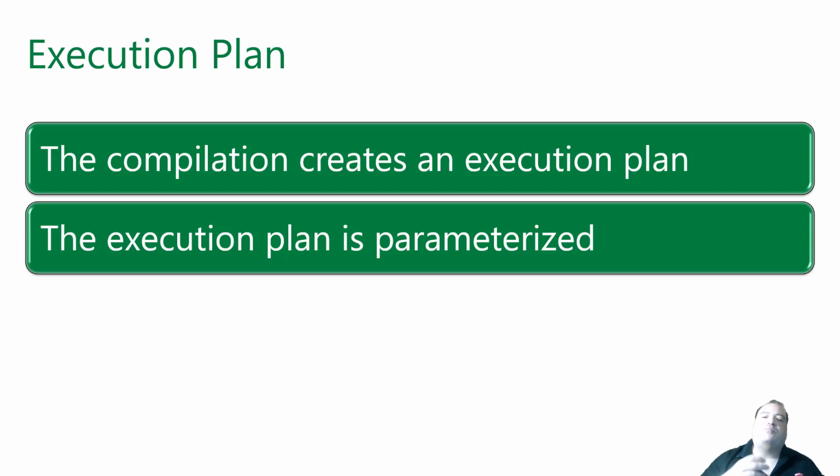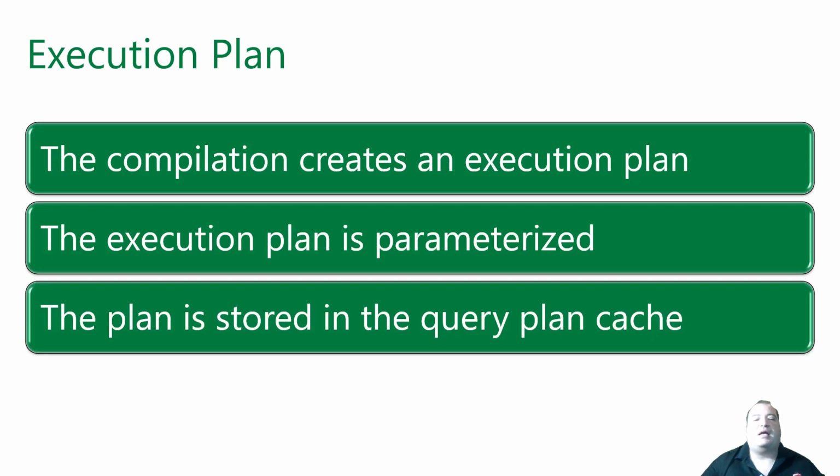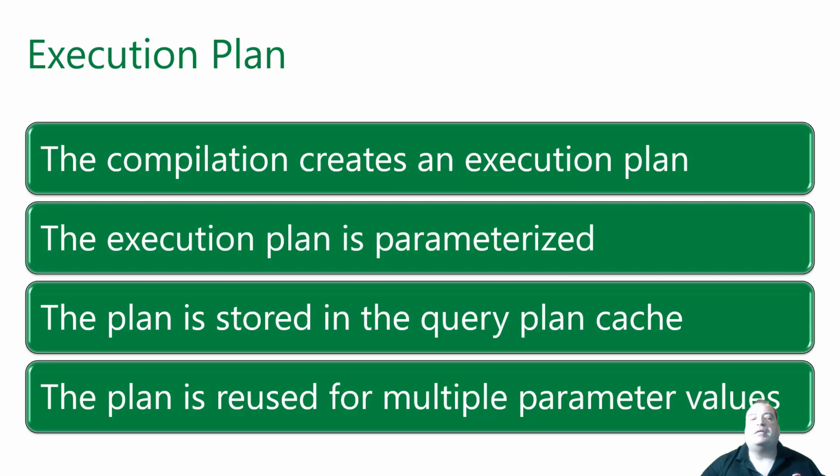The execution plan can be parameterized or not. It depends on the query. Some queries may have the execution plan parameterized, some queries may not. The plan is stored in the query plan cache and reused for multiple parameter values. So, parameterization is good to produce plan reuse.